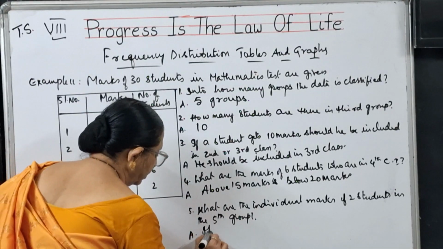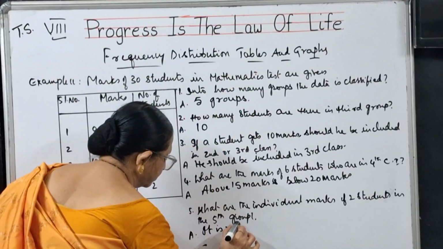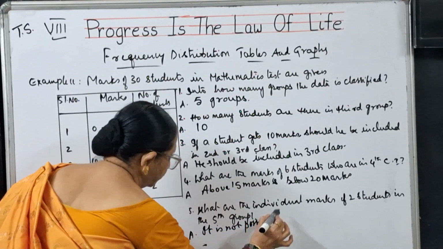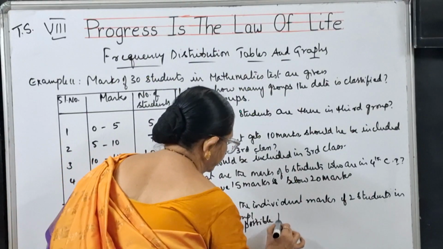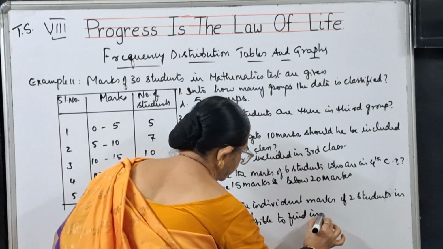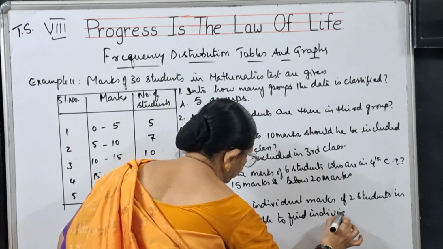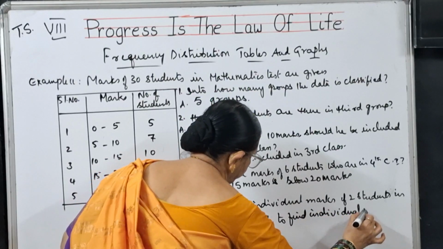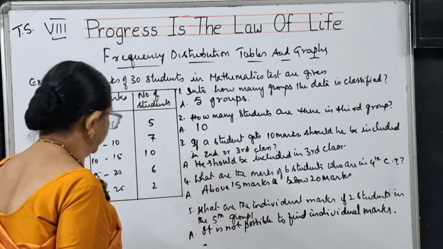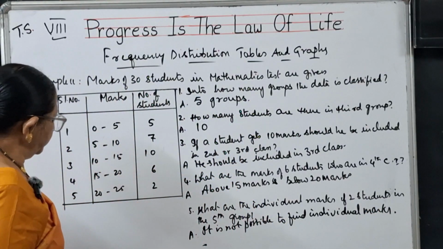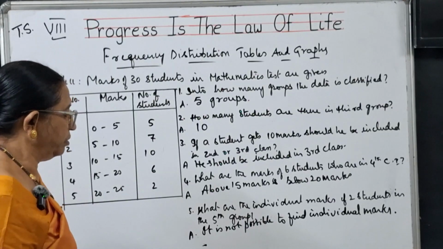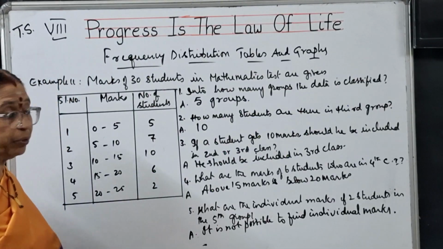So you will write that it is not possible to find individual marks, because in this group, between 20 to 25, two members are there. So you cannot find out individual marks. I hope I am clear, children.